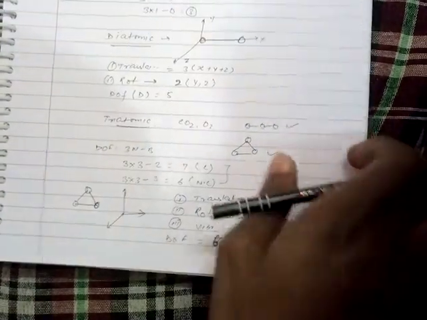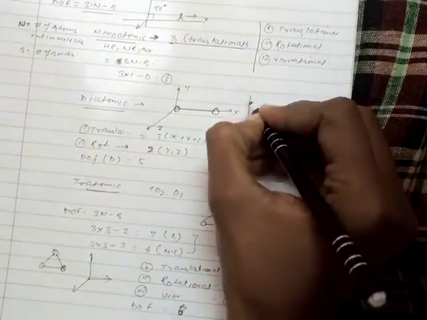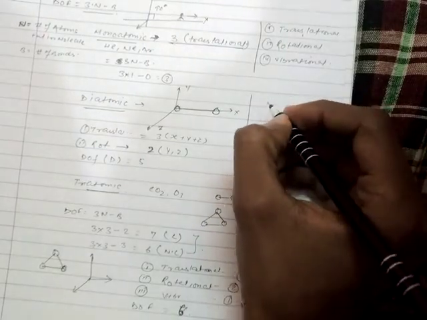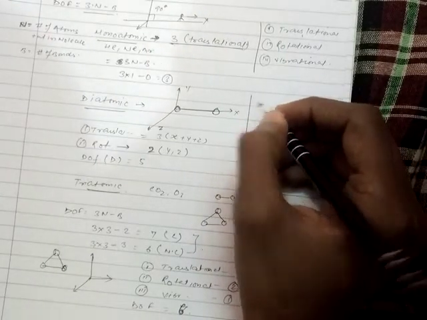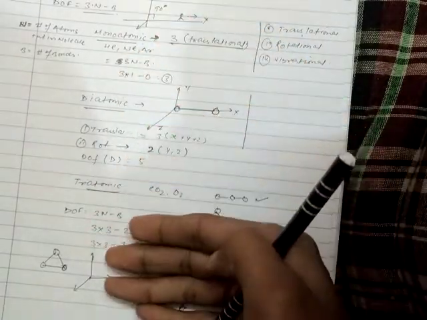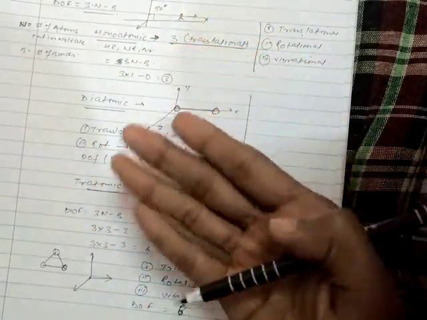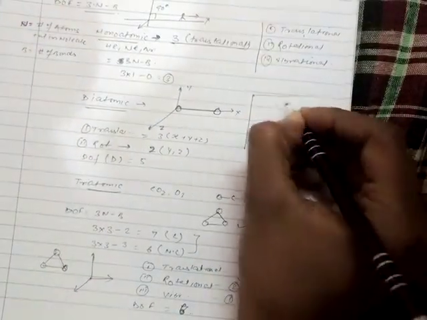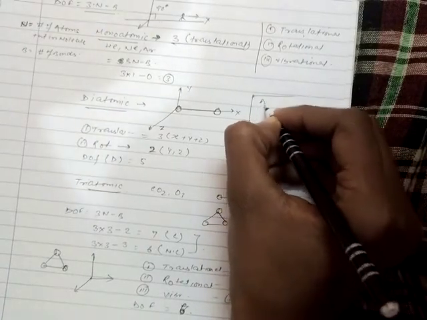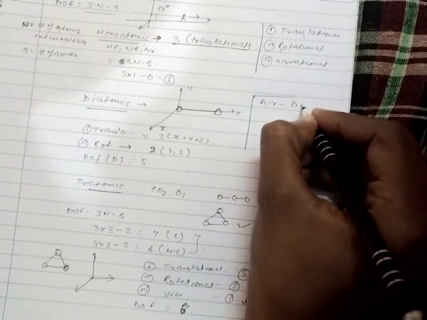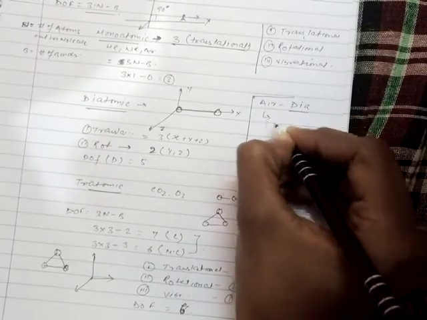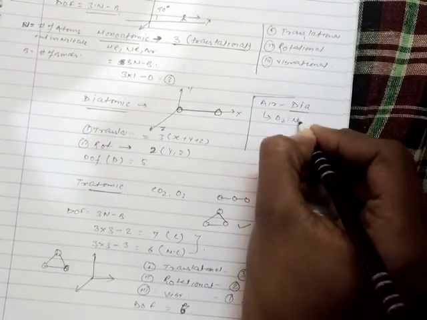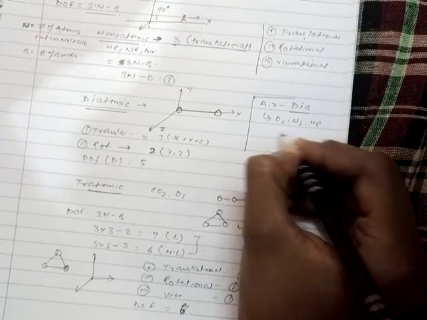One more thing: in different questions we get to read, if it is written that there is a gas, and they have not mentioned whether it is monoatomic, diatomic or triatomic, but they simply say there is a gas present in space, or they simply write air, then in that case you will consider air as a diatomic molecule, because air consists of O2, N2, He and different gases.